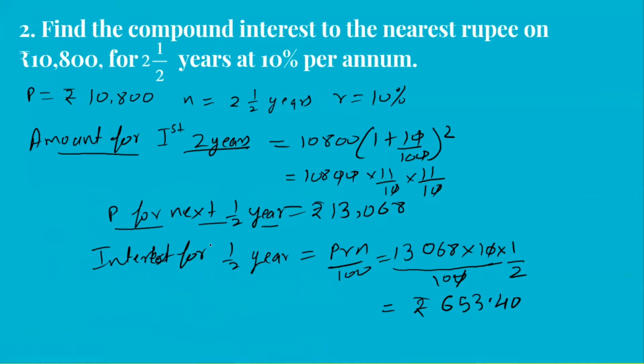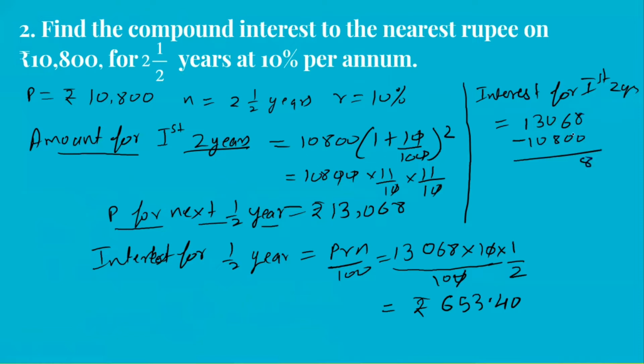To find the interest for 2.5 years, first we need to find the interest for the first 2 years. We have got the amount for the first 2 years. So interest for first 2 years is equal to A minus P, that is 13,068 minus 10,800.